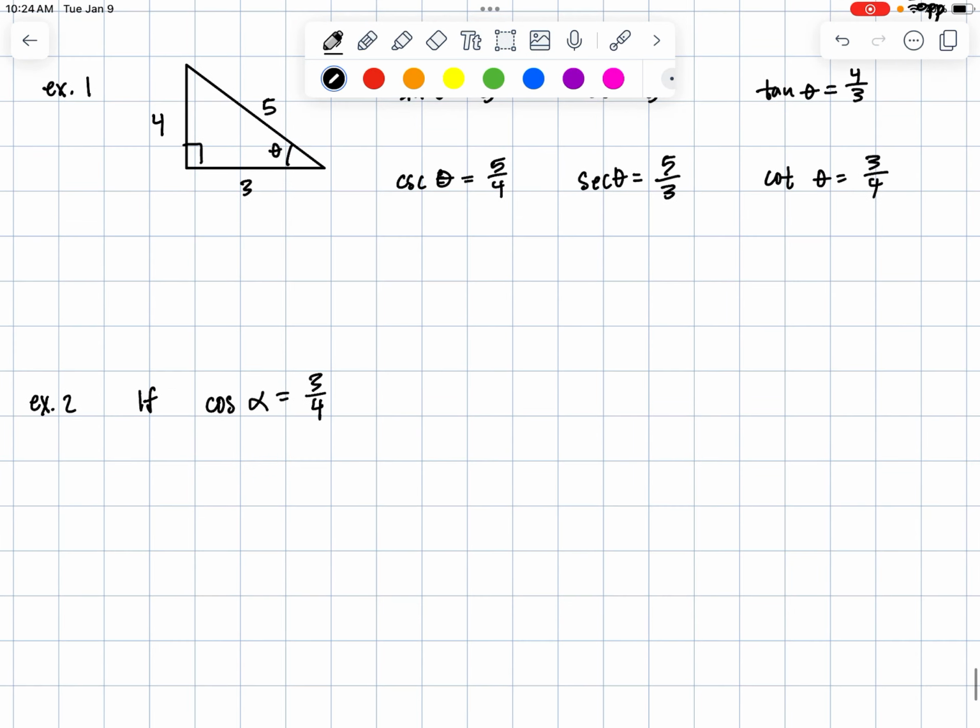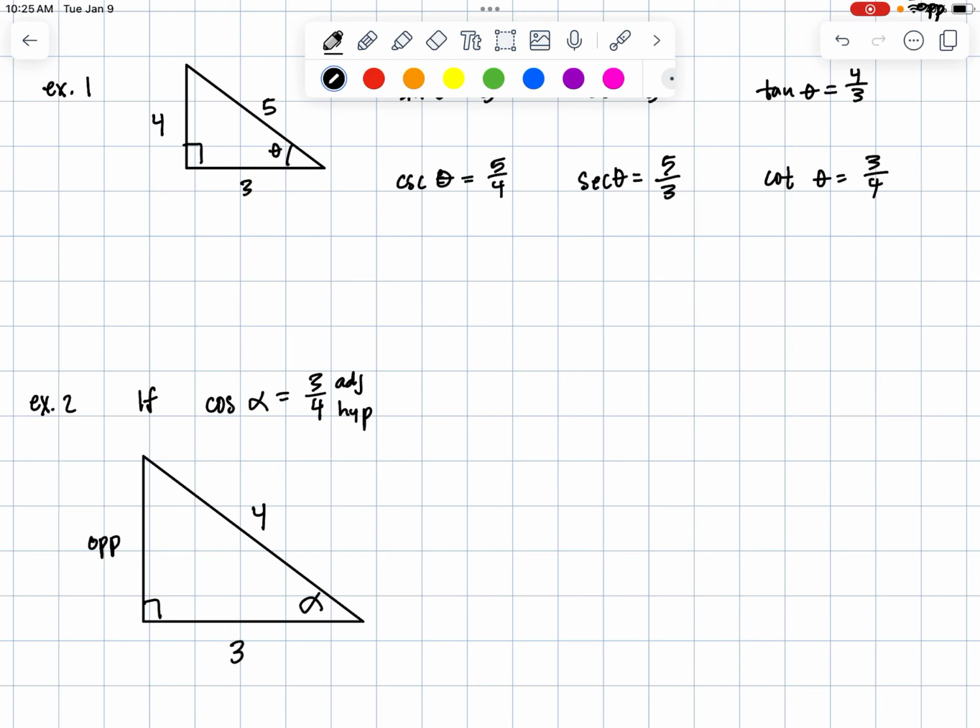What this means is, we know cosine is adjacent over hypotenuse. So if this is alpha, it doesn't matter which angle you put it at, the top left or the bottom right, because we could write this accordingly. 3 is the adjacent side, 4 is the hypotenuse, and we could place those accordingly.